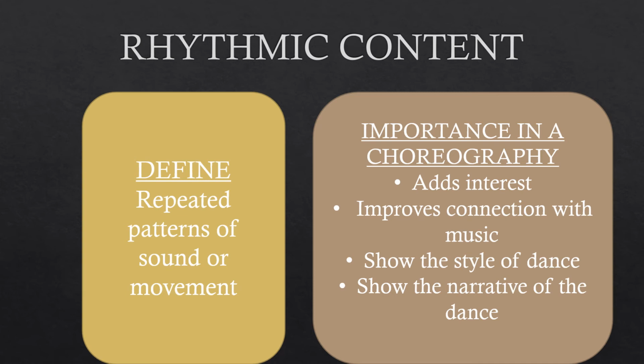It's going to show the style of dance. If you have a particular rhythm, for example, we've been looking at street dance, you're going to have maybe a faster rhythm. That would show the style of the dance, have a stronger connection with the style of dance. Can also lend itself to show the narrative or the story of the dance. Particular rhythms might allow you to provoke particular emotions that show a particular story, for example.